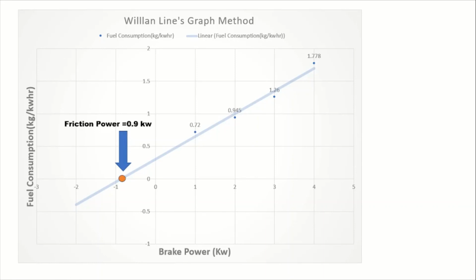That point indicates the power required to overcome the friction. So we calculated the friction power with the help of the Williams line graph method, and this graph was plotted in Excel analysis. Thank you.